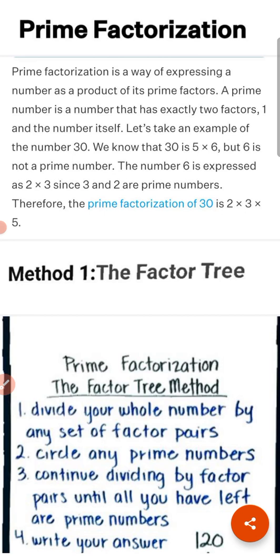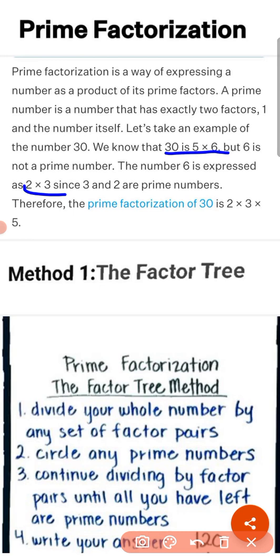You know that the factors of 30 are 5 and 6. 5 into 6 is 30. But here 6 is not a prime number. So the number 6 is expressed as 2 into 3. Here we are expressing 30 as the product of prime factors.